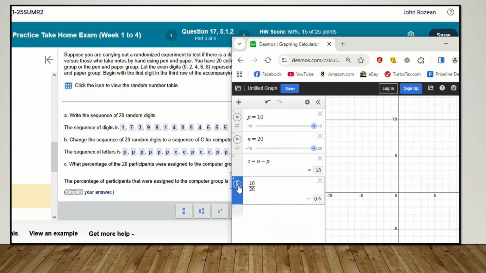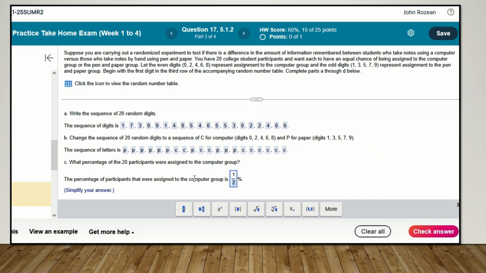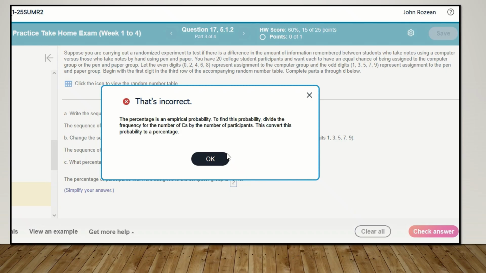Remember, you can hit that button right there and it'll turn it into a reduced fraction for you. So they want 1 over the deuce. And I think I put a half in there. I don't see anything indicating if I should put it in as a decimal. So I guess we just assume that it wants the fraction.